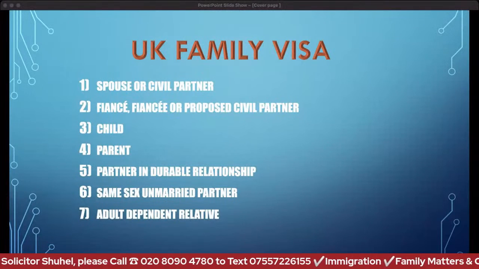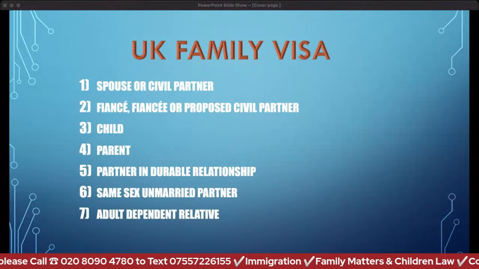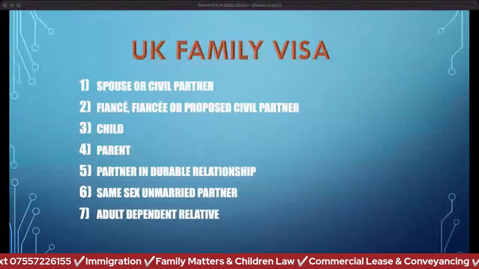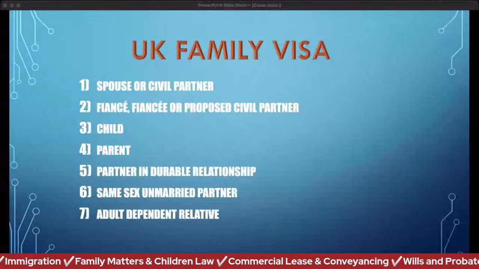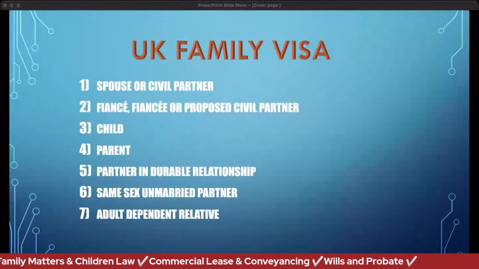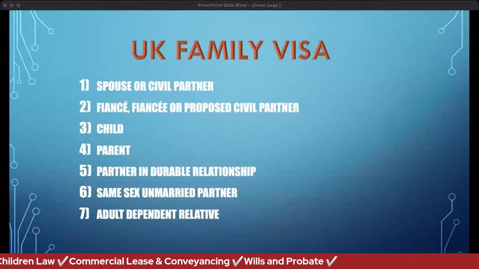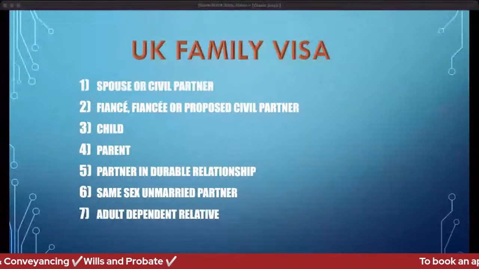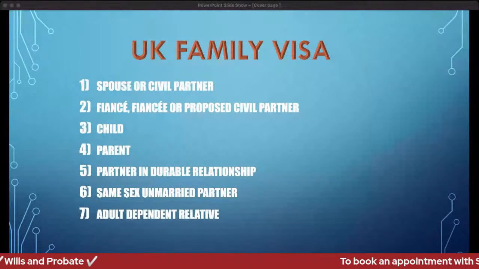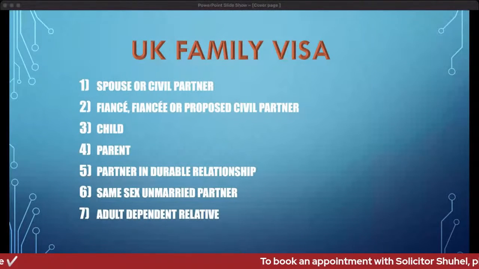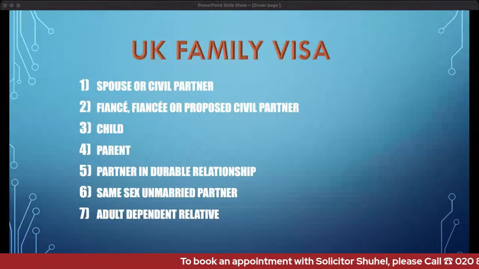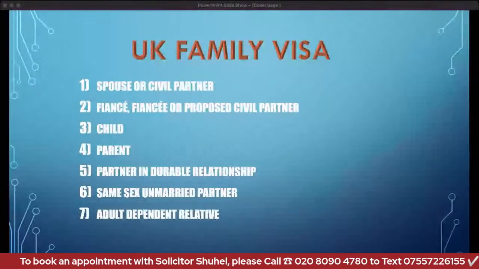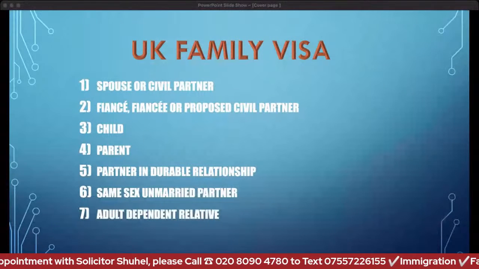Now, if any relatives, parents, or grandparents, or adult family members are outside the UK, and their children are living and settled in the UK, the dependent parents can apply to join their children, but then a lot of requirements must be satisfied.